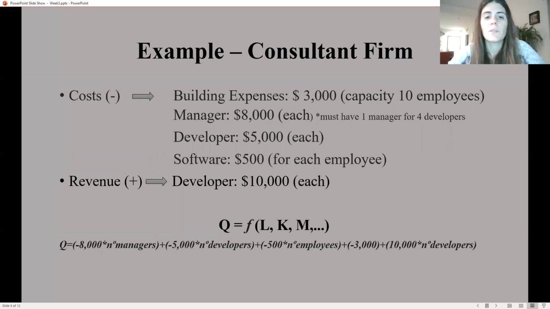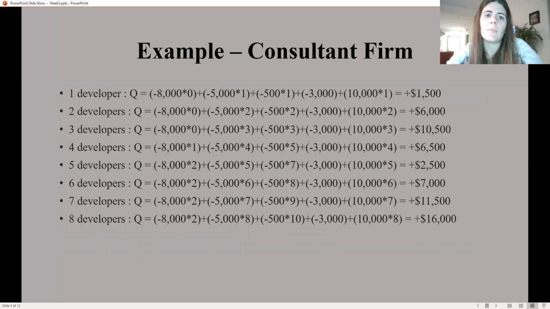And each person that works in this company spends 500 on software, computer, etc. So the formula would be like this. And for example, for one developer, the output would be a profit of 1,500.